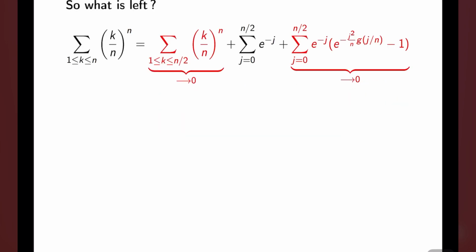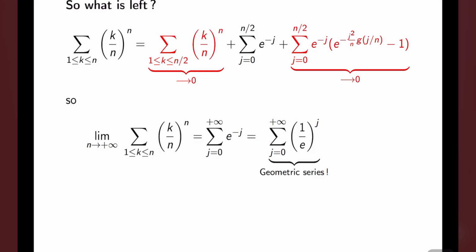So when I take the limit when n goes to infinity, I get that the limit of the sum from k equals 1 to n of (k/n)^n is just the infinite series, j equals 0 to infinity, of exp(-j). And I can just write it as a geometric series. I write it as (1/e)^j.